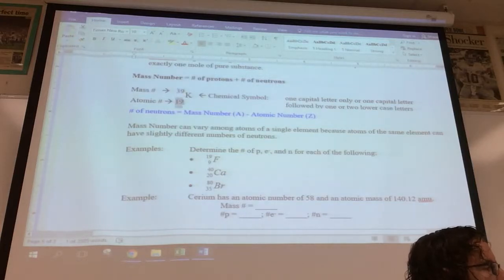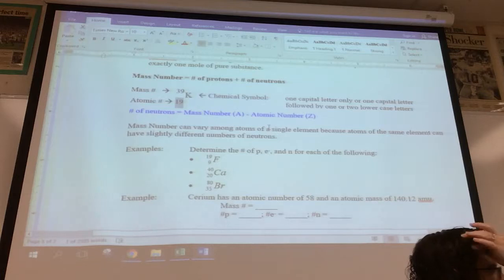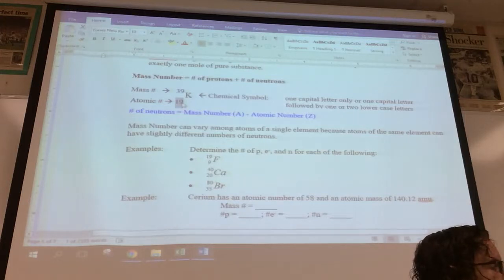The atomic number, which we also get off the periodic table, is 19. If we want to calculate neutrons, we're going to do mass number minus atomic number, A minus Z. So how many neutrons would potassium have? 20 is correct. 19 protons, 19 electrons, 20 neutrons.